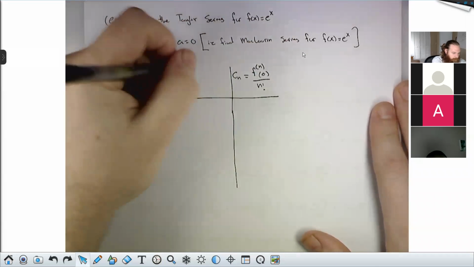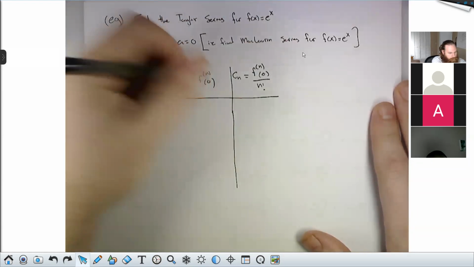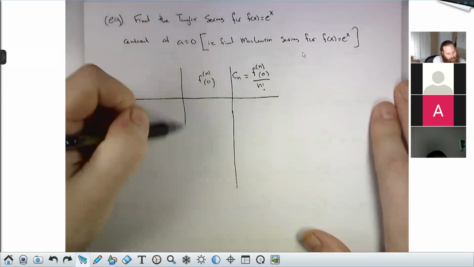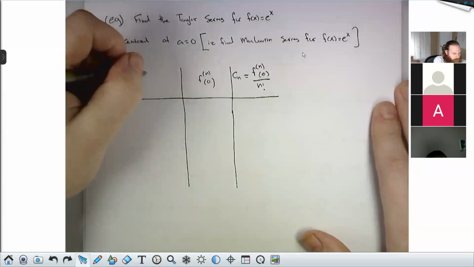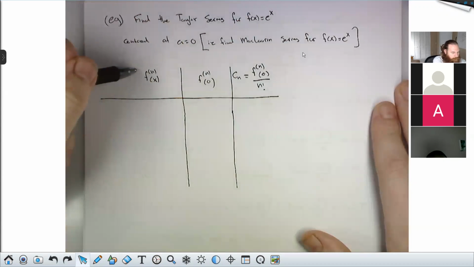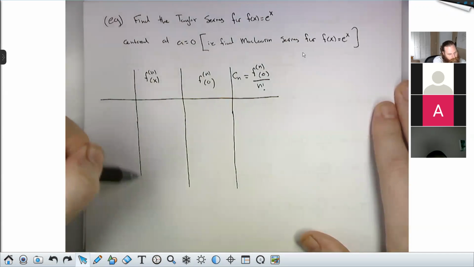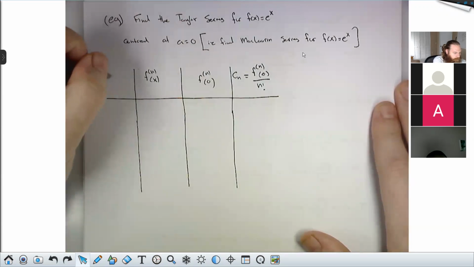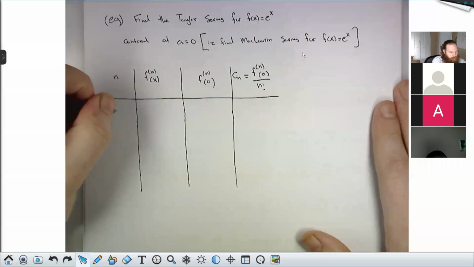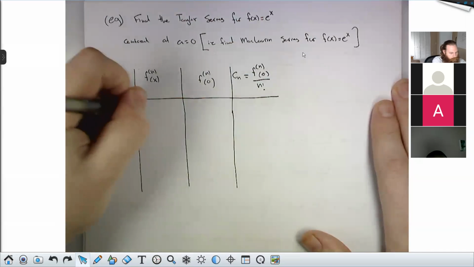The next thing over here is the nth derivative of f evaluated at the center. The next thing over here is just the nth derivative of f of x, because you need to calculate that if you're going to plug in x equals 0. And then the far thing on the left here, I just put n. And we go ahead and say, all right, well, when n is 0, what is the 0th derivative of my function?